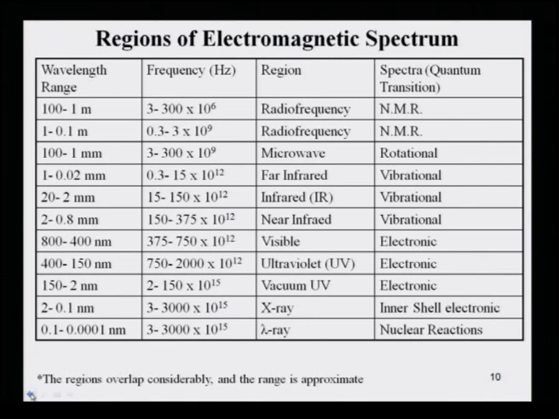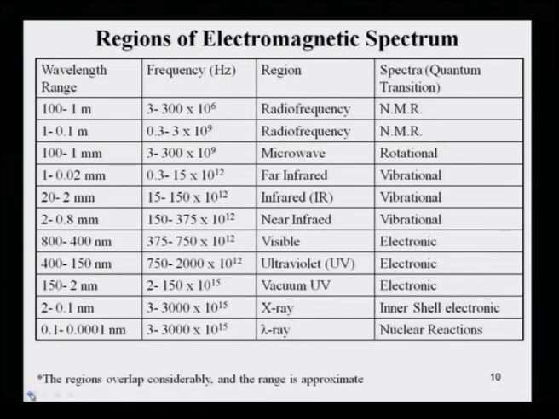They are responsible for causing vibration in a bond. And similarly, the visible, the ultraviolet and the vacuum ultraviolet are responsible for electronic excitation, that is pi to pi star or n to pi star excitation of electrons, brought about by these particular electromagnetic radiation areas.